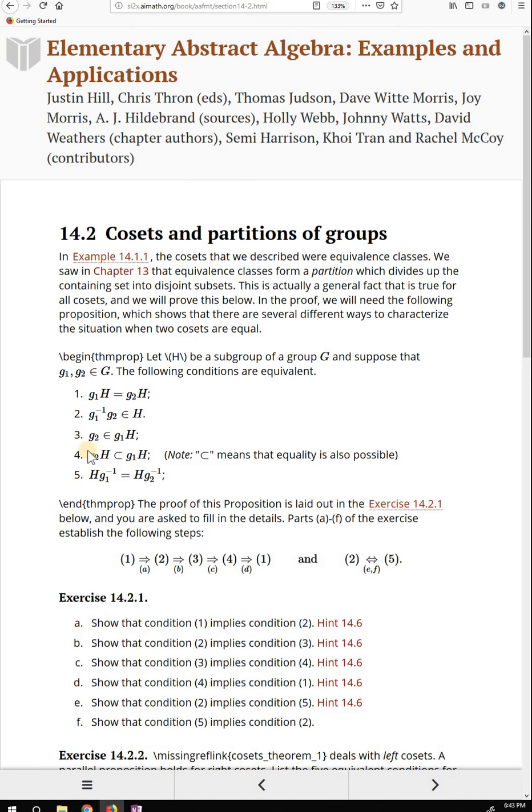So that's the second condition. The third condition was here. Here it says that this condition 4 is actually a weaker condition than condition 1. But the reason it's there is that if you can show one coset is contained in another, then in fact the cosets are equal. You can think of this also in linear algebra. If you have two subspaces, and one subspace is contained in the other, and they have the same dimension, they're the same subspace.